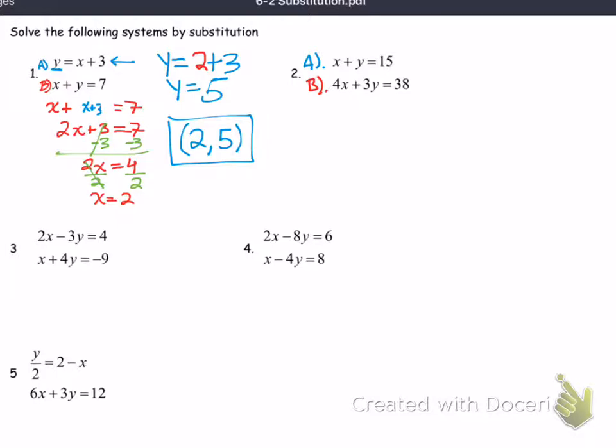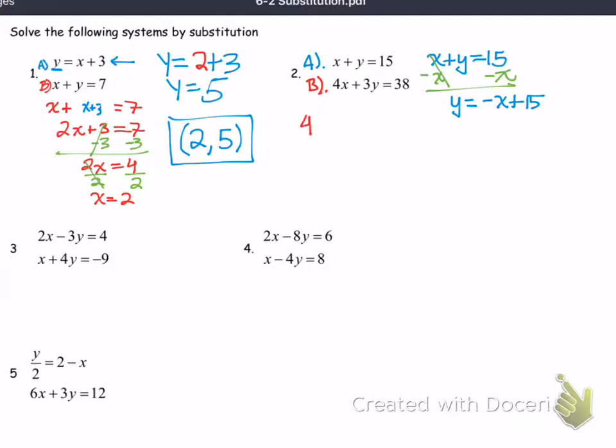I have x + y = 15, and you can choose whichever variable you want to get rid of. I want to solve for y. I'm going to subtract x on both sides, and I get y = -x + 15. Now I'm going to go to B, and anywhere I see a y, I'm going to plug in -x + 15.